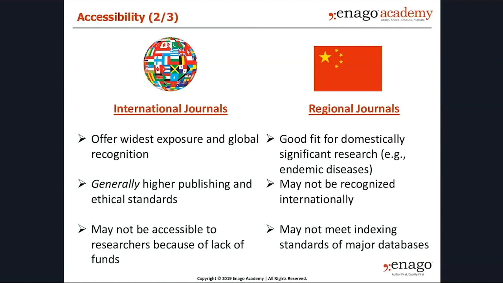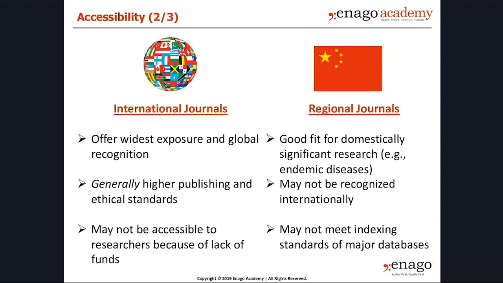Additionally, in terms of indexing, Web of Science, Scopus indexing, regional journals may not meet the indexing criteria of those databases. Indeed, we'll speak about the actual databases later.